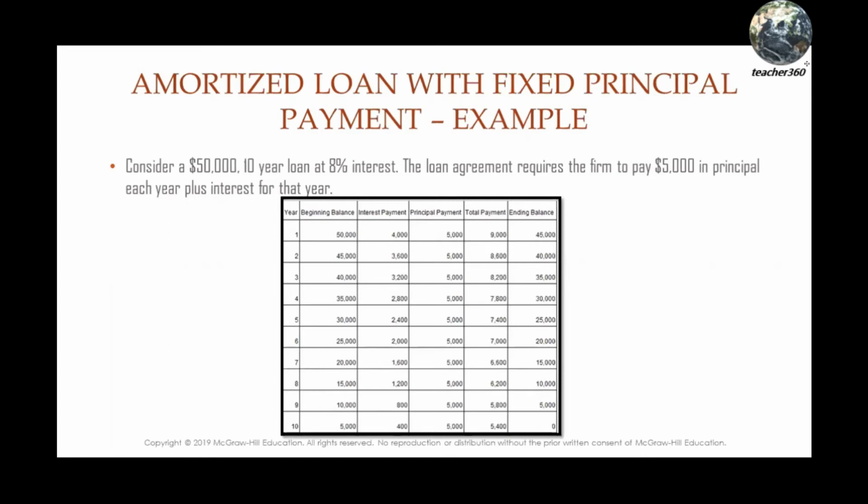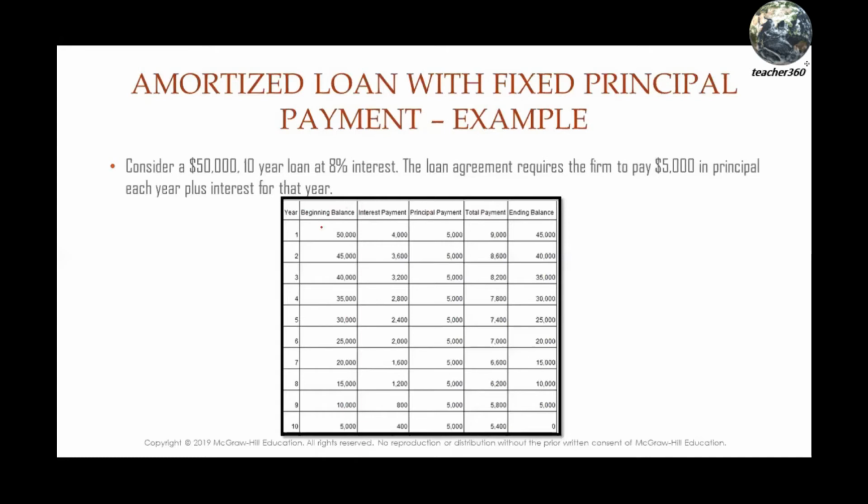The loan agreement requires the firm to pay $5,000 in principal each year, plus interest for that year. So let's go to the calculation. I have shown it using Excel. You can also do it using a financial calculator.